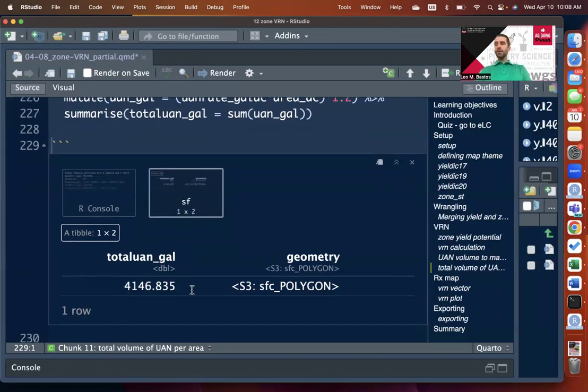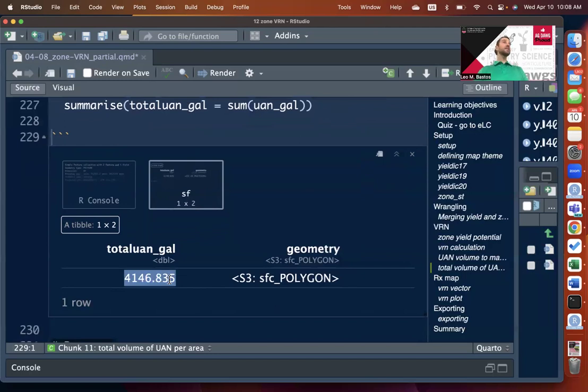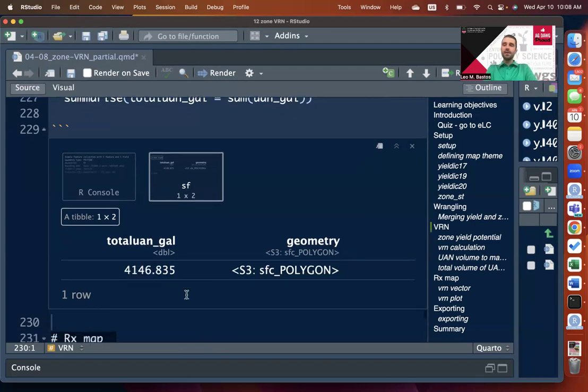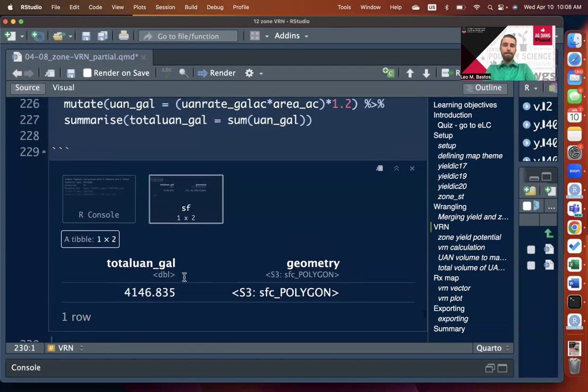So this is how much that grower would need to order, at least this much, to be able to make this fertilizer side dress application to this field. So this is how much total UAN that grower would need to have for the field so they can make this application. Any questions here?